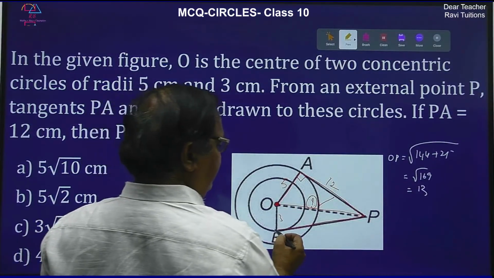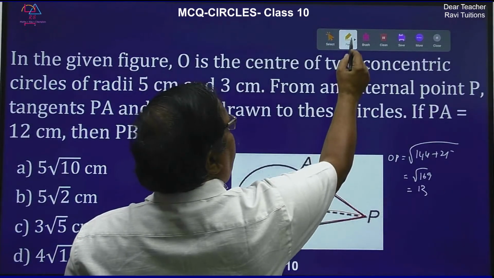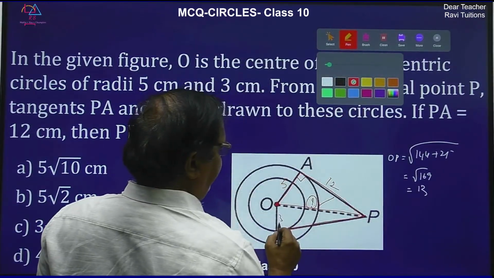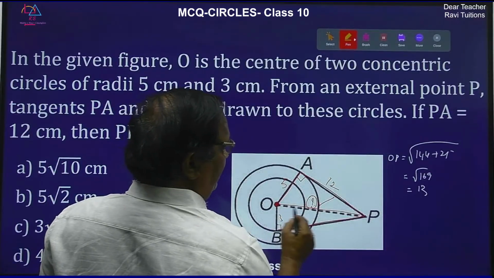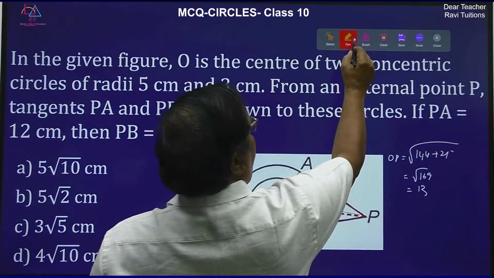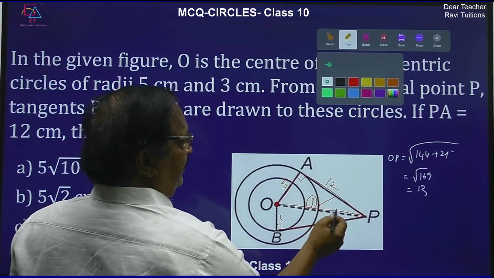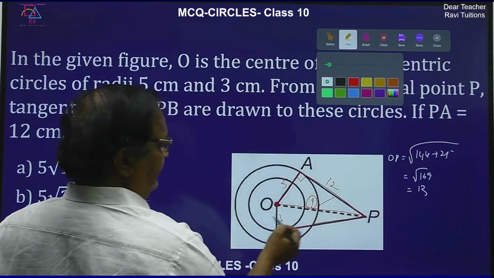Again you have to find out BP. What is BP? You have to be very careful. This is 90 degrees, OP is the hypotenuse, BP is one of the sides. So you have to apply Pythagoras theorem again, because we know OP is 13 and OB is 3.